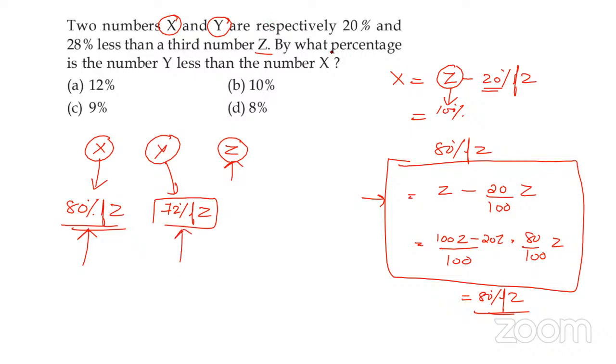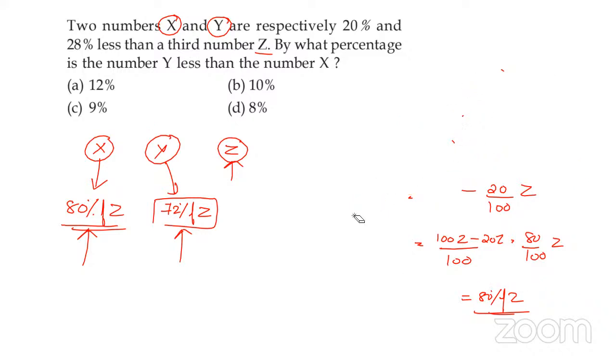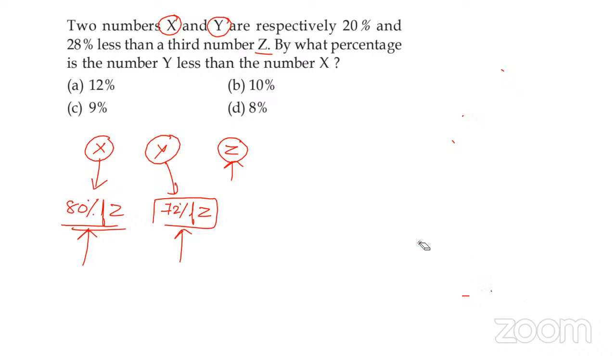Now the question here is, by what percentage is y less than x? So you need to compare y and x. How do you do it? Let me rewrite the question one more time: y is what percentage less than x? It's a question based on percentage less.